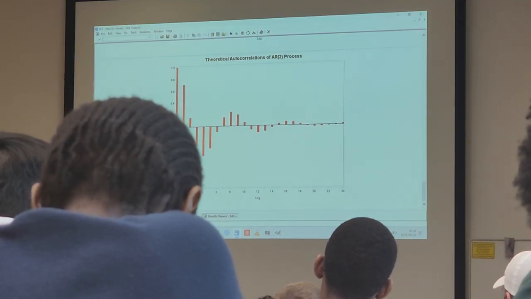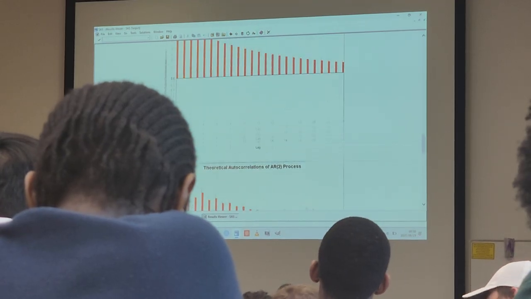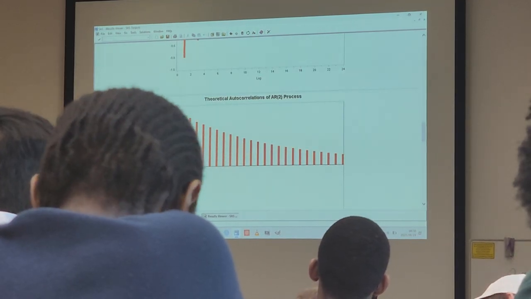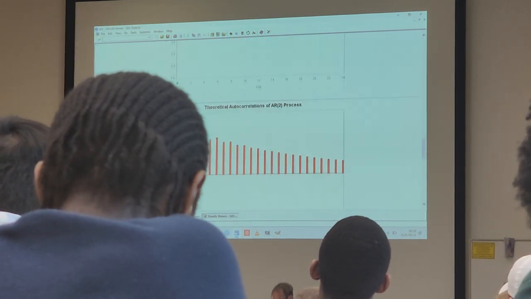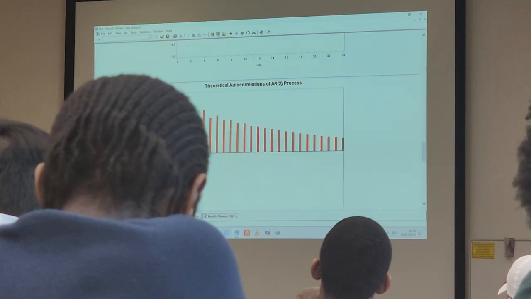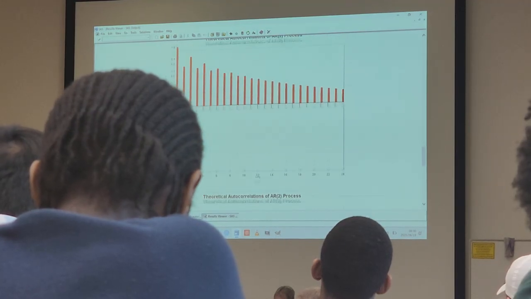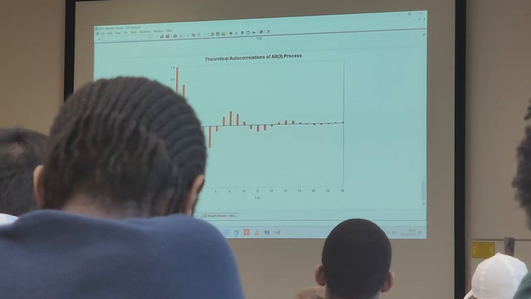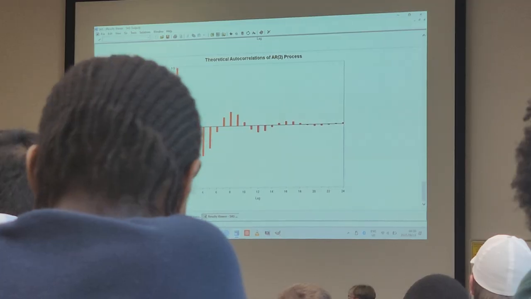Because here we had just basically all autocorrelations positive, decaying to 0. Here was the same thing, and for both these examples I used positive values for both phi1 and phi2. And then here I made them both negative. Here I made the first one 1.2 for phi1 and for phi2 minus 0.7.